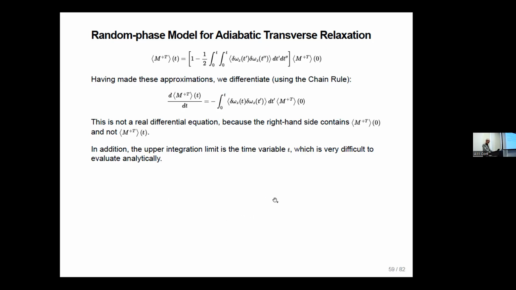And then I can differentiate this equation. And here's the result of differentiating both sides. Before, I had a differential equation where the averaging was outside of the exponentials and integrals.